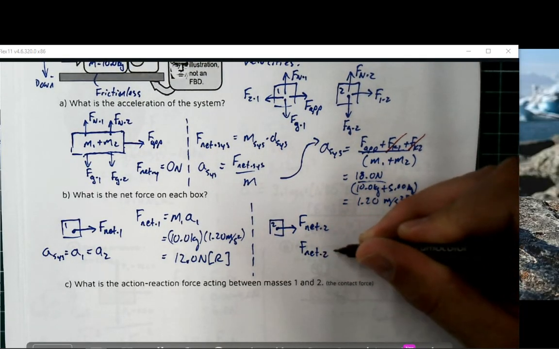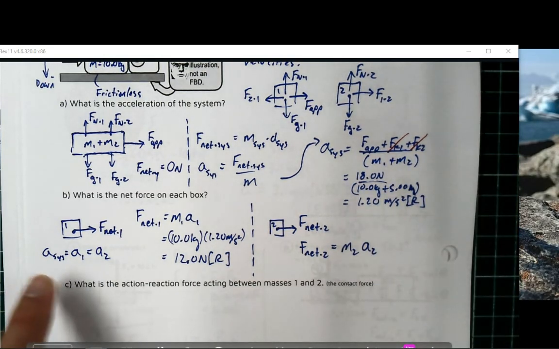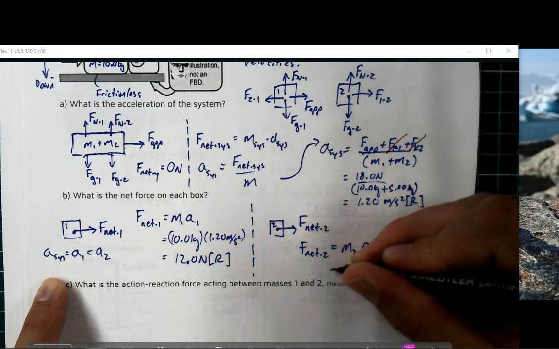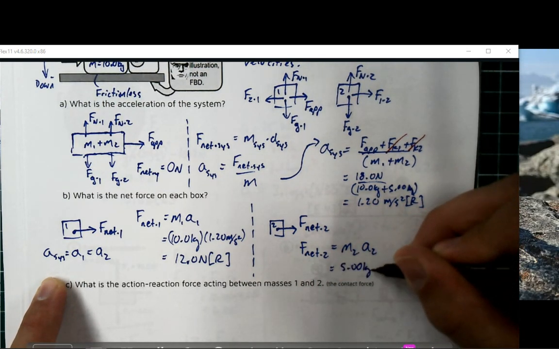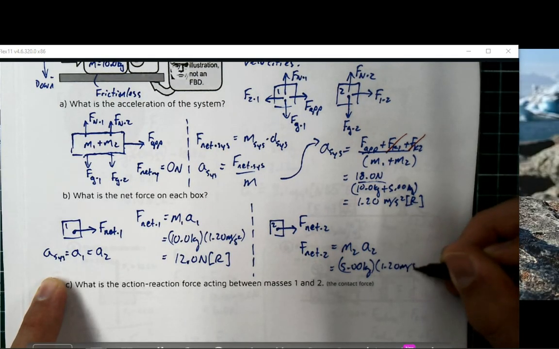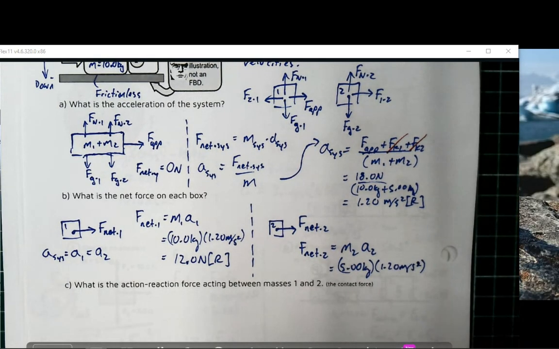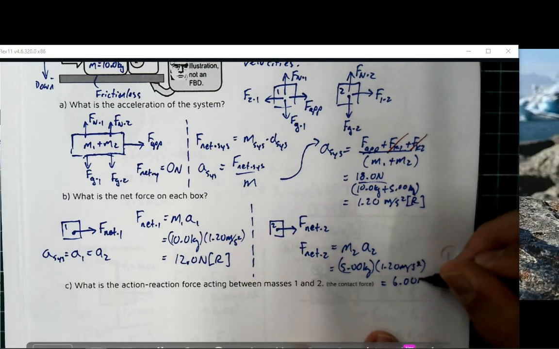F net for mass 2 is mass 2 times acceleration 2, which, as we said, is the same as the acceleration of the system. So we said it's 5 kilograms times 1.2, and it looks like I've run out of space there, but 5 times 1.2, that's 6, right? So 6.00 newtons to the right.